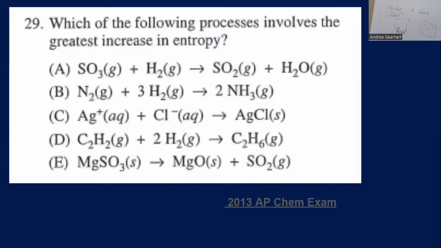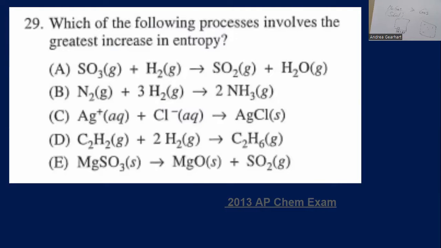So that first situation, gas, 2 moles, 2 moles. No change, no increase. I mean, we could look at, well, what about the size of the molecule? But let's see if there's something else. Well, in B, yikes, we have 4 moles of gas moving to 2. That is decreasing.